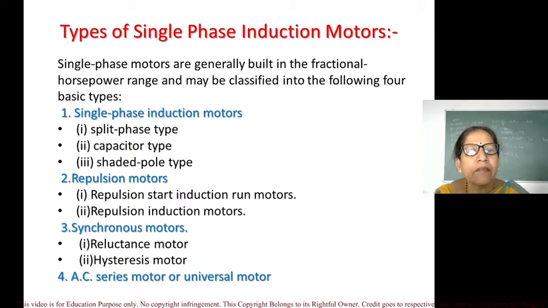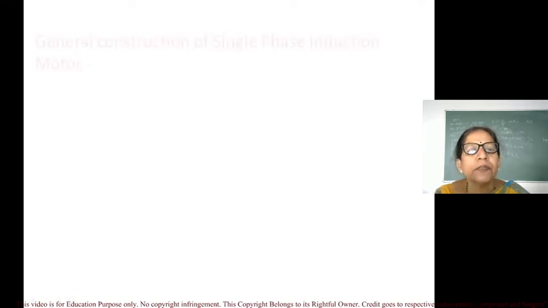That means we have four main types: single phase induction motor, repulsion motor, synchronous motor and AC series motor. Single phase motors are classified as split phase type, capacitor type and shaded pole type. Repulsion motors are classified as repulsion start induction run motor and repulsion induction motor. Synchronous motors are classified as reluctance motor and hysteresis motor, and the last is AC series motor.